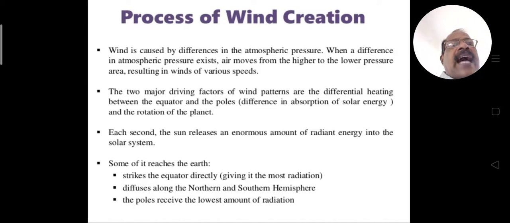Sunlight strikes the equator directly, which gives it the most radiation, and diffuses along the northern and southern hemispheres. The poles receive the lowest amount of radiation, so the temperature is very low at the poles.